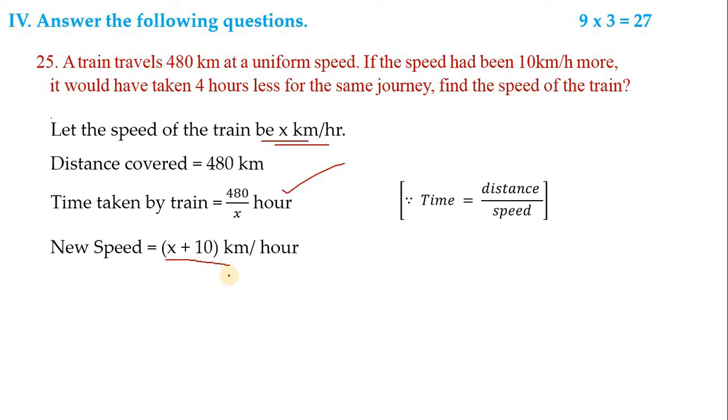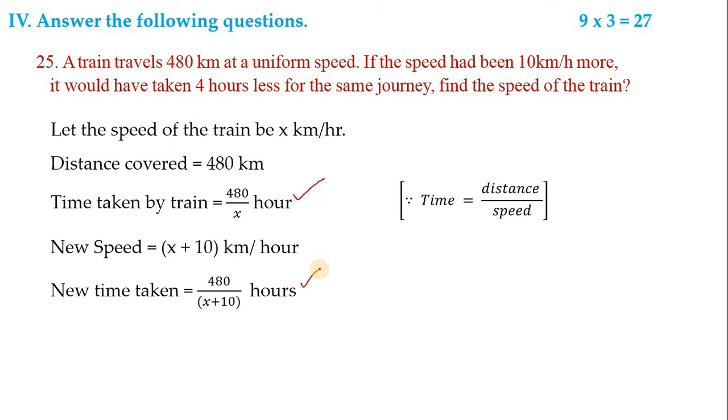Now find the time, children. Use the same formula. Distance is not changing, speed is changing, so that is x plus 10. Hence we get 480 by x plus 10 hours. Now understand this carefully, children. Here speed is less, here speed is more.